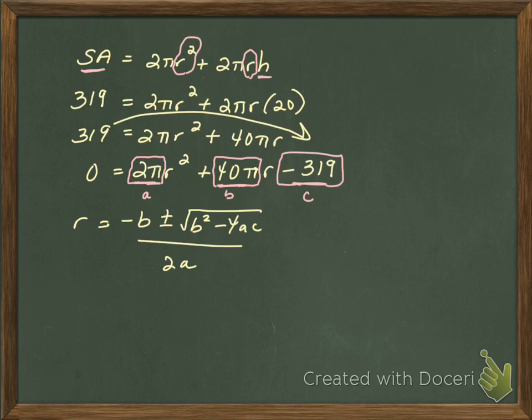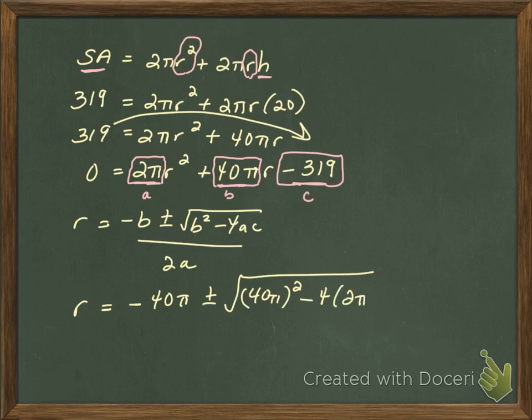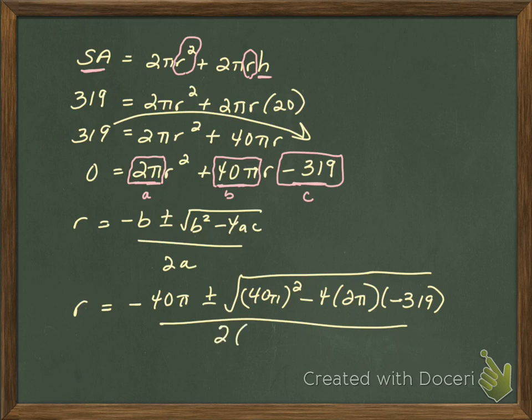Okay, so let's go ahead and plug that in. So we have negative 40 pi plus or minus the square root of 40 pi, put that in parentheses, squared, minus 4 times 2 pi times negative 319, all over 2a, and a is just 2 pi.